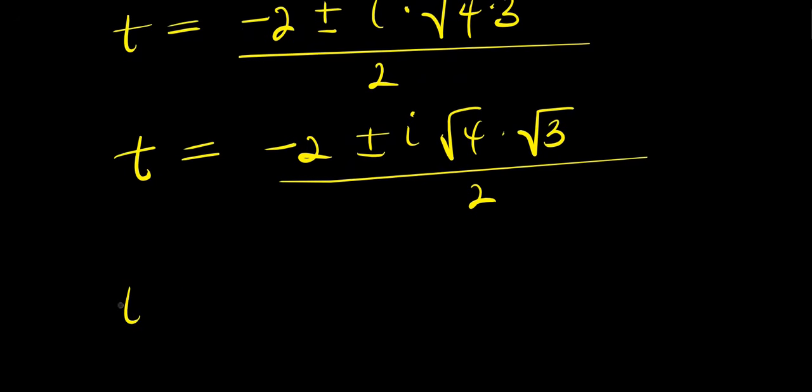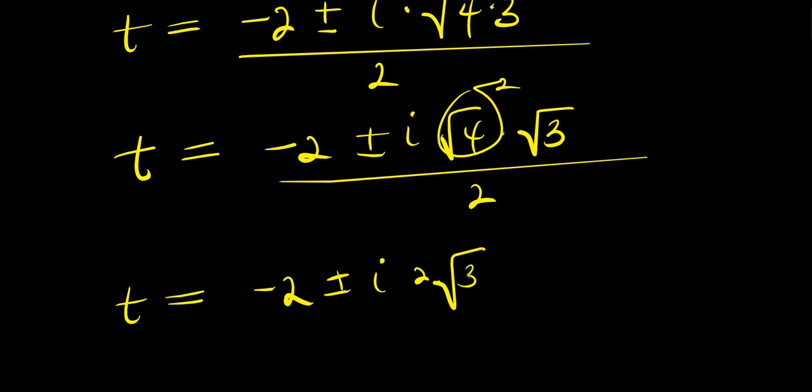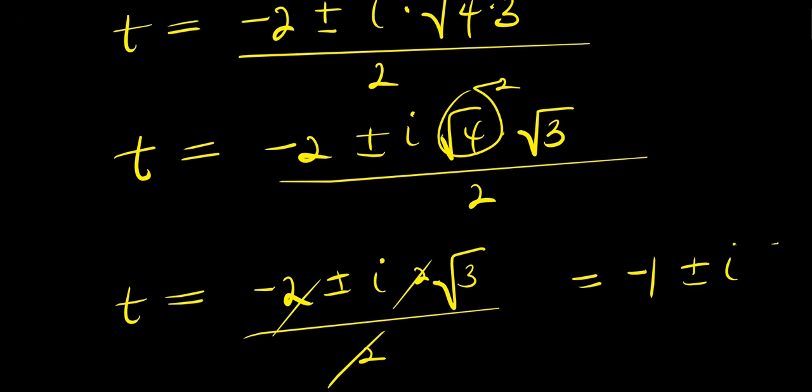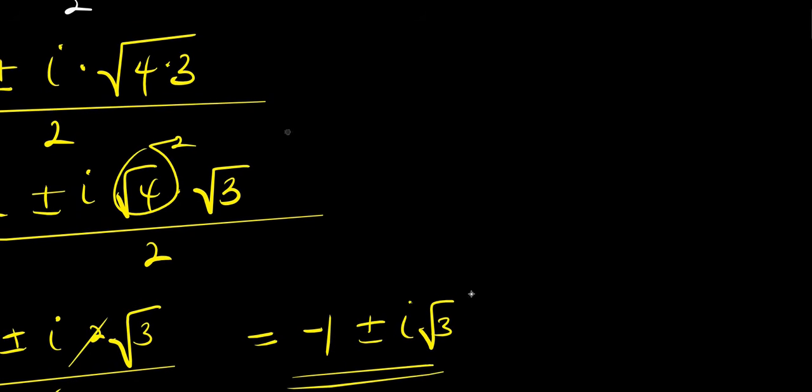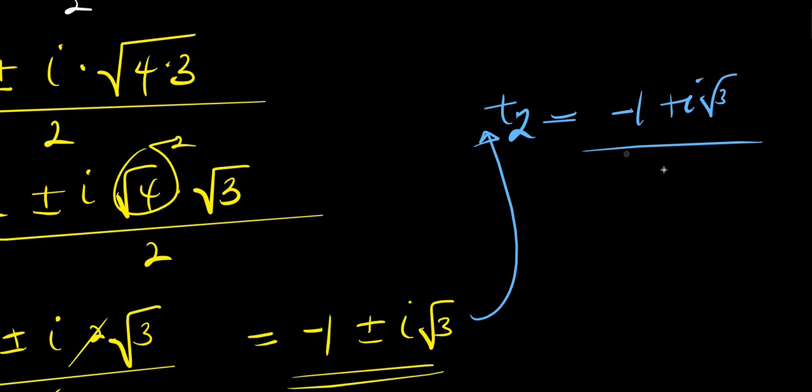So from here, t equals -2 plus or minus i times this, which will give us 2, divided by 2. 2 cancels 2, which is -1 plus or minus i root 3. Now we have two complex values for t. We have t2 equals -1 plus i root 3. We also have t3 equals -1 minus i root 3.